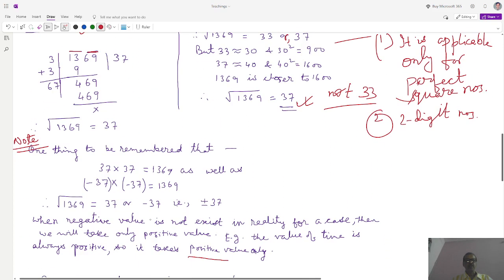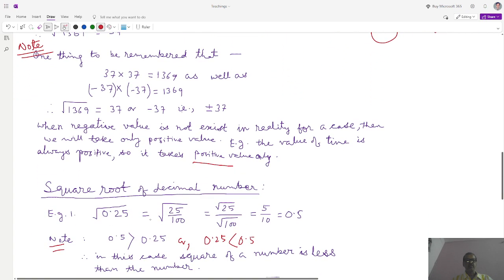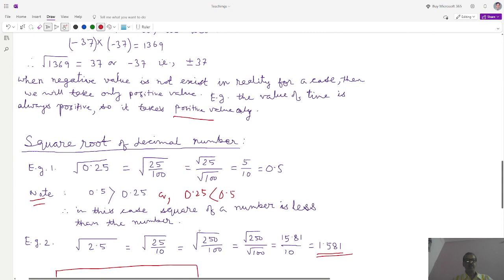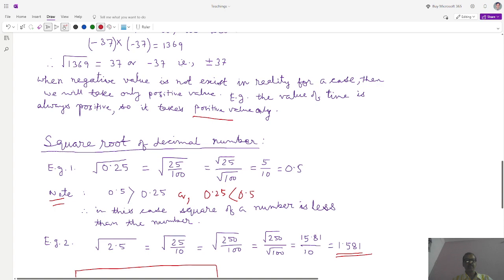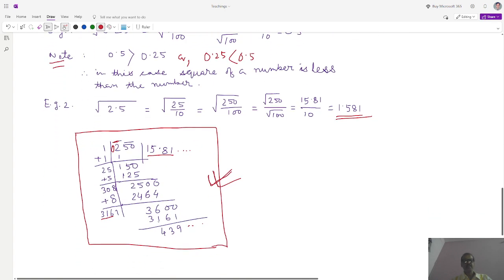And here is the important note. And then I have described the square root of a number. Finally, I demonstrated the full division method to find out the square root of a number in decimals. It is a universal method.